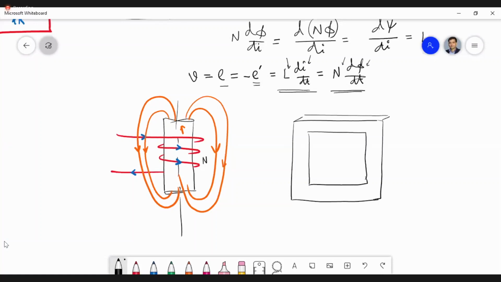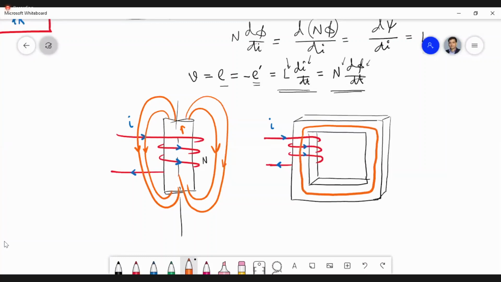It is not two-dimensional, it is 3D, like this, and I have a coil wound on it, and through it a current is flowing like this. Now the flux will flow like this.